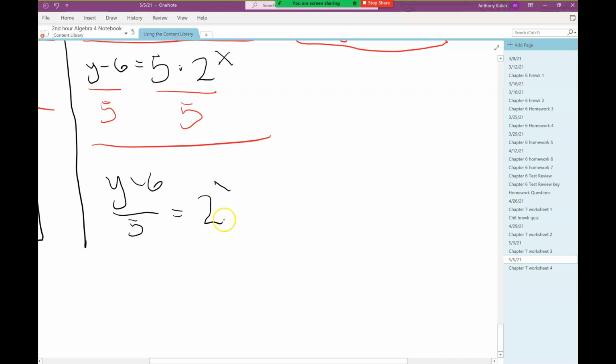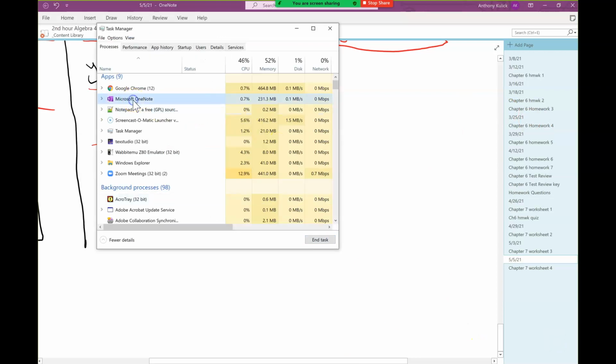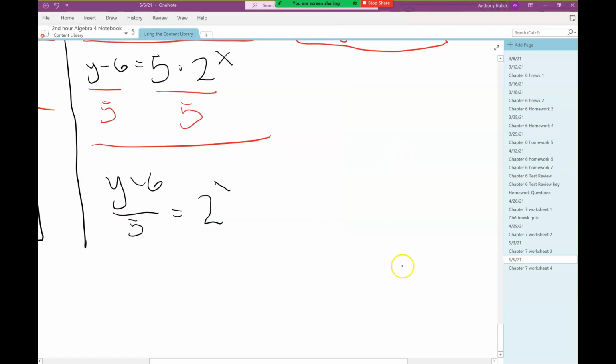Sure did. Why not? Sure. No problem. And again, I would understand if the CPU percentage on the OneNote was going crazy. But OneNote's not even doing anything. I don't understand why. I can't do anything with it.